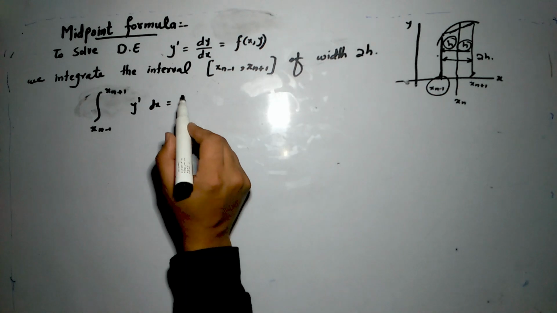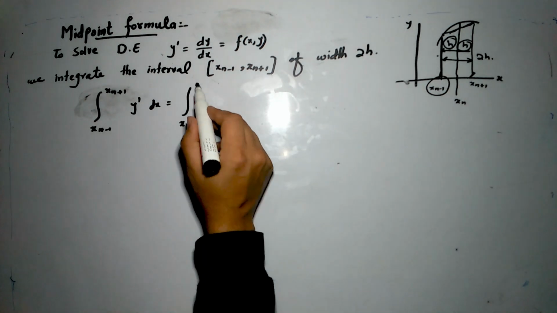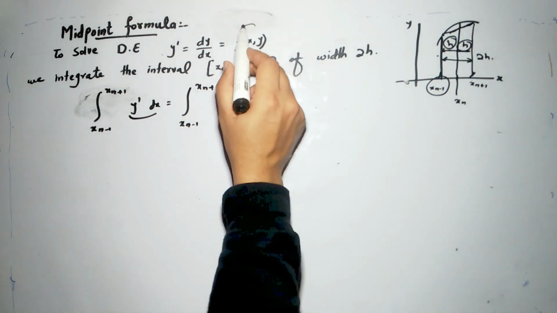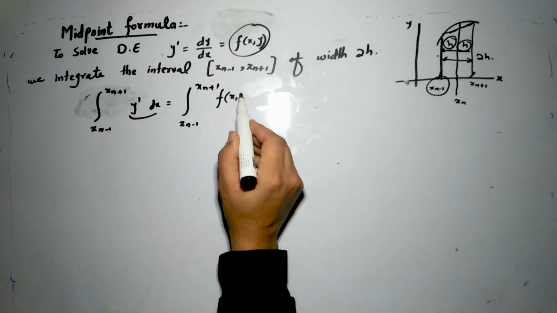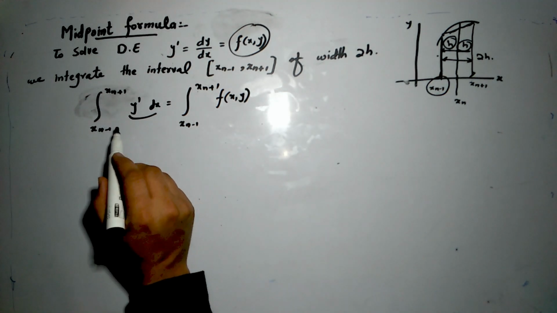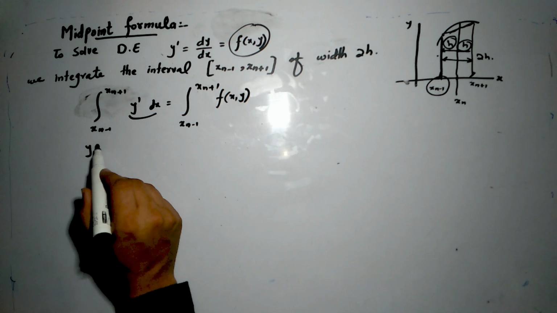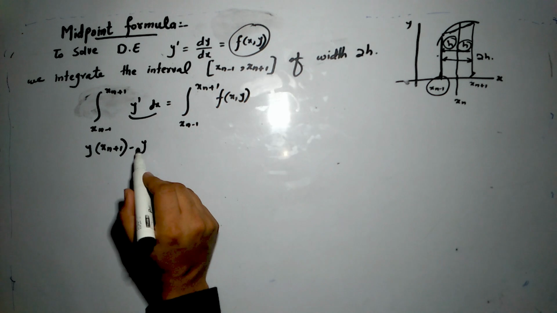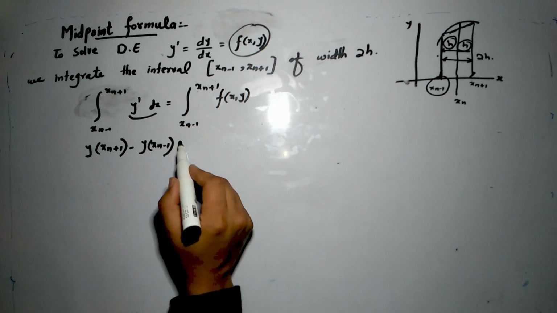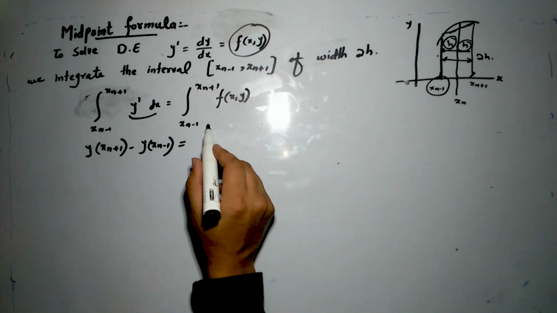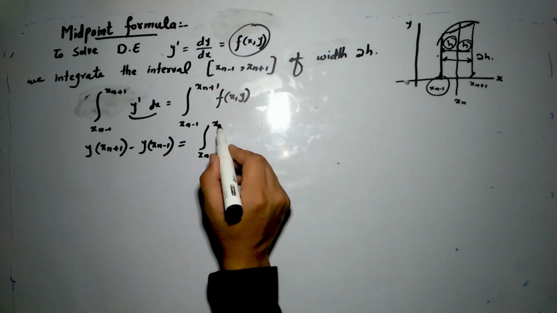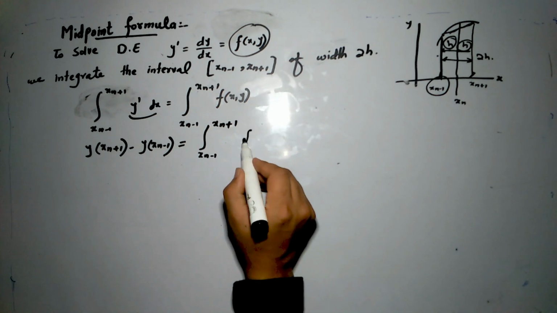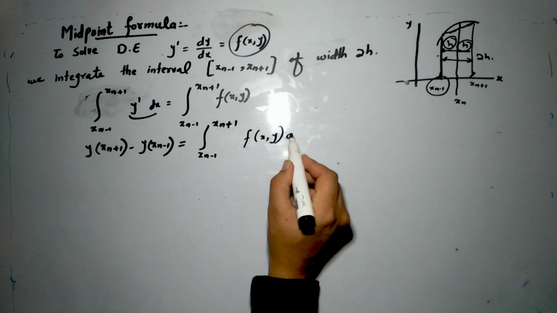This will be equal to the integration from xn minus 1 to xn plus 1, where y dash of x equals f of x and y. Applying integration and simplifying, y of xn plus 1 minus y of xn minus 1, upper limit minus lower limit, will be equal to the integration from xn minus 1 to xn plus 1 of f of x y dx.